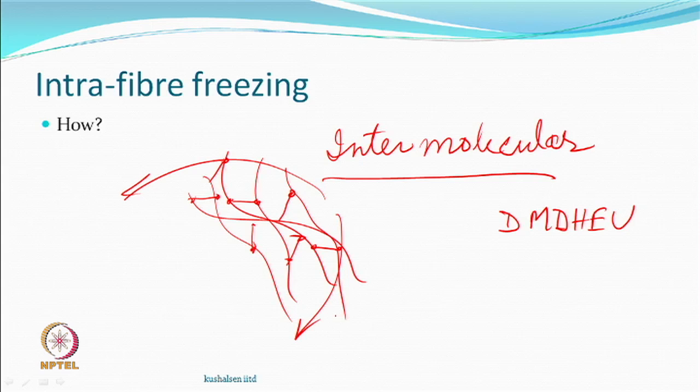So, this is how you can do intra-fiber freezing of the position, whichever position you have. So, you deform the material, let us say twist. After this, you do cross linking, then you will find that the fiber does not untwist on its own, or it remains in that position because the cross links would not let it go to the other direction, right.